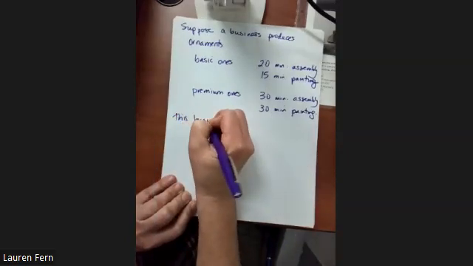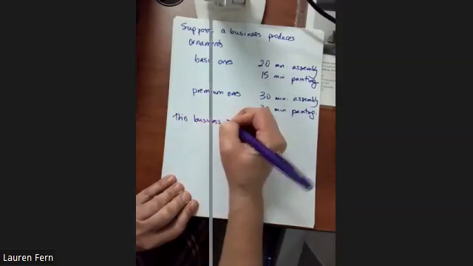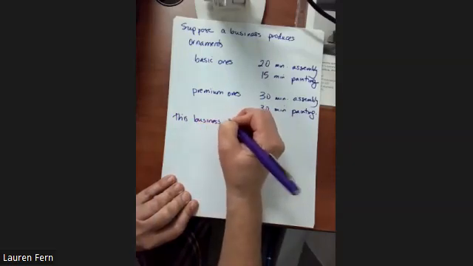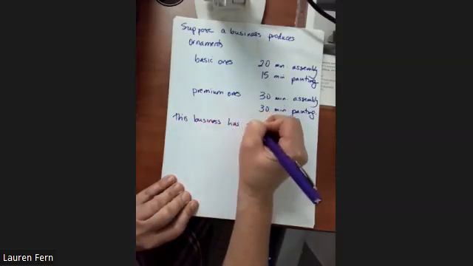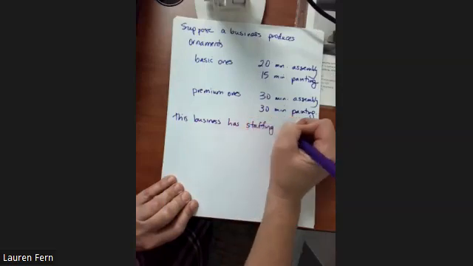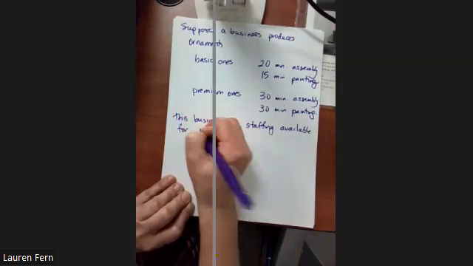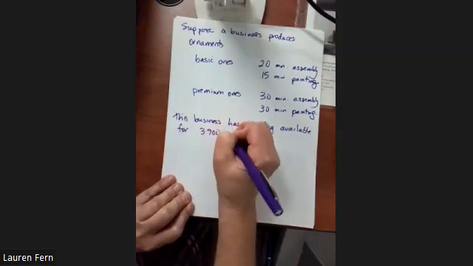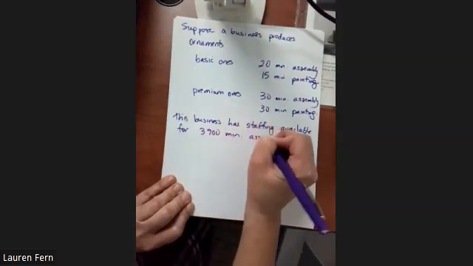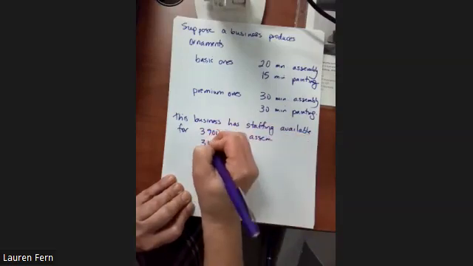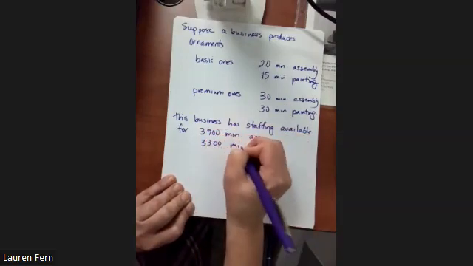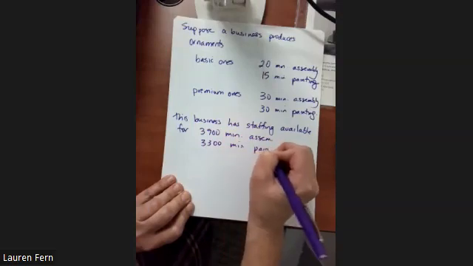Suppose I tell you furthermore, this business has staffing available for 3,900 minutes in the assembly department and 3,300 minutes in the painting department.